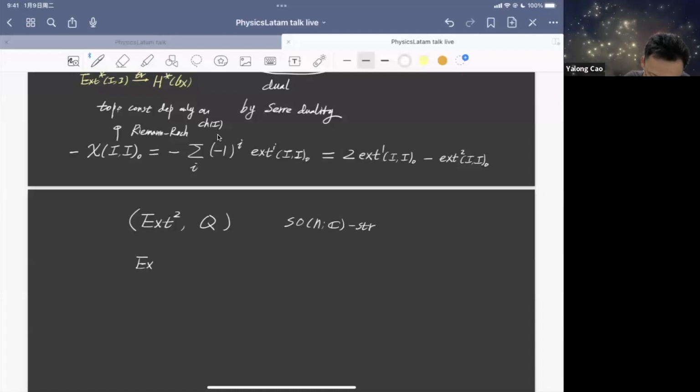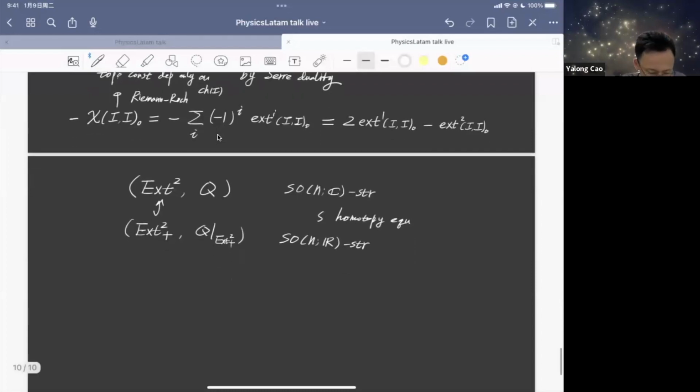And Ext2 with this SO(N,C) is homotopy equivalent to this group called SO(N,R), which in this case has some half-dimensional subspace. We call it Ext2 plus. And this quadratic form can restrict to this subspace.